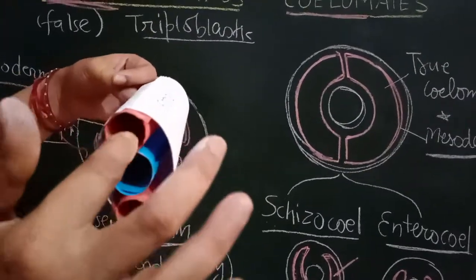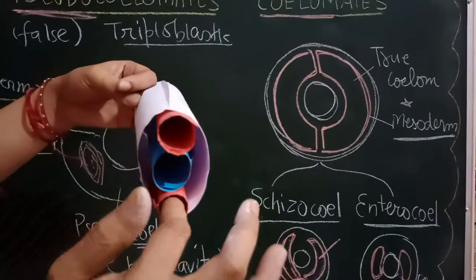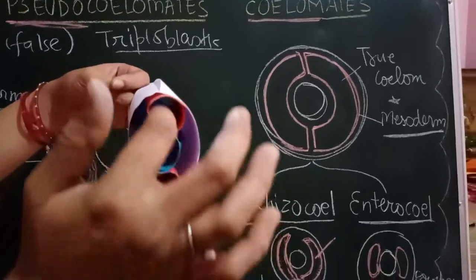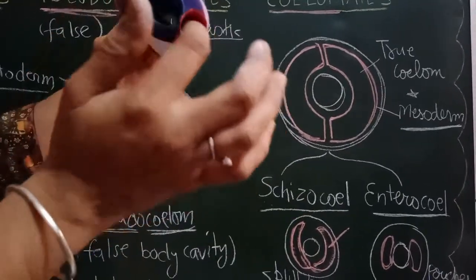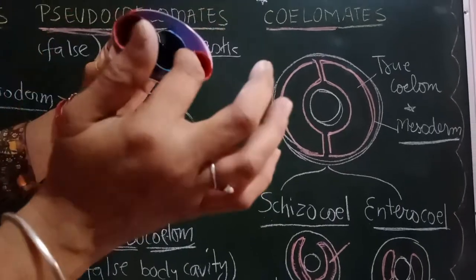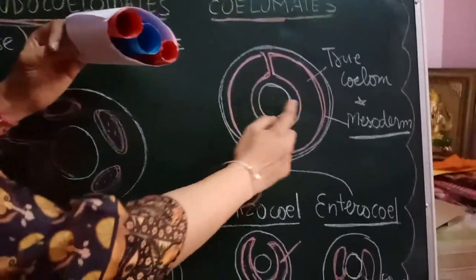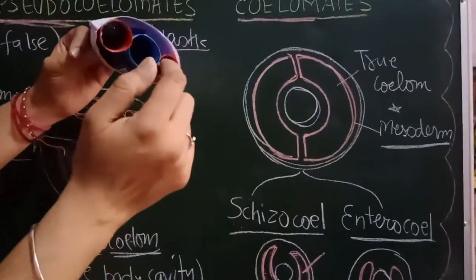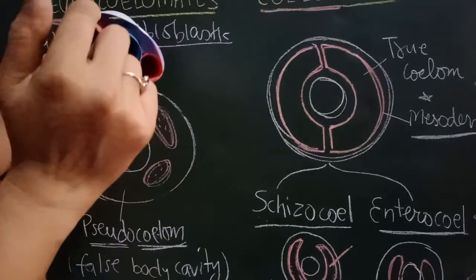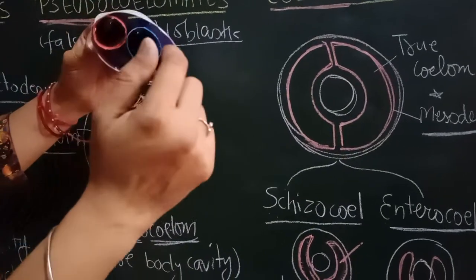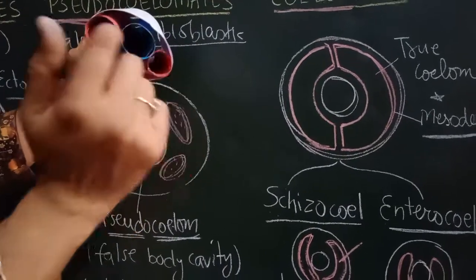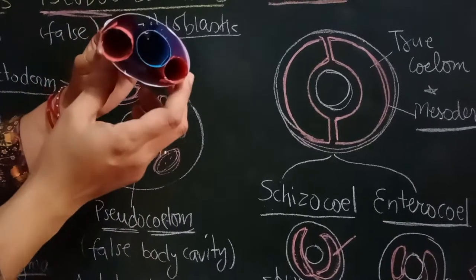So the space inside the mesoderm is called the true coelom. So we can see like this. So the space which is present around the endoderm and properly lined by the third germinal layer, mesoderm, is called the coelom.